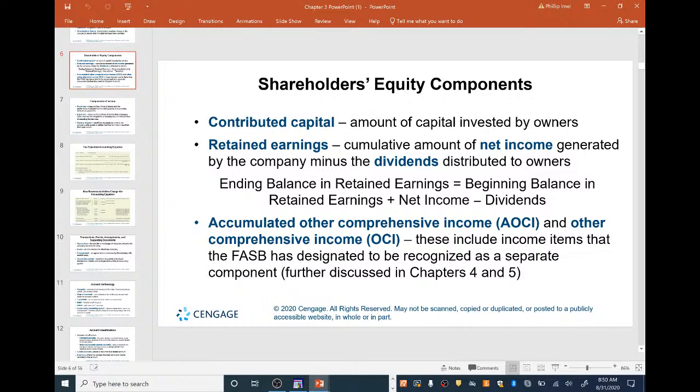For now, just know that net income plus or minus AOCI equals OCI. We're going to get into these components later in chapters 4 and 5. So for now, just know that they're there.